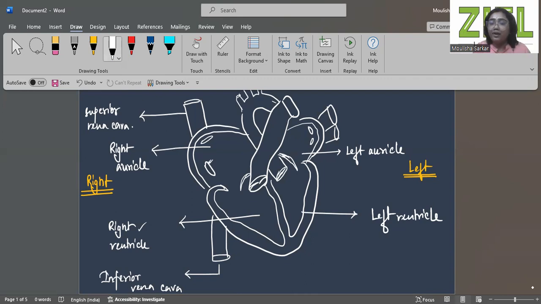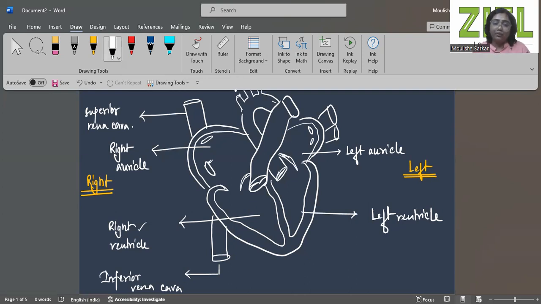And why are they superior and inferior? Because the superior is collecting the deoxygenated blood from the upper part of the body, mainly from the brain, and the inferior vena cava is collecting deoxygenated blood from the lower body parts. That is why it is the lower vena cava or the inferior vena cava. So both of these veins are connected with the right auricle.